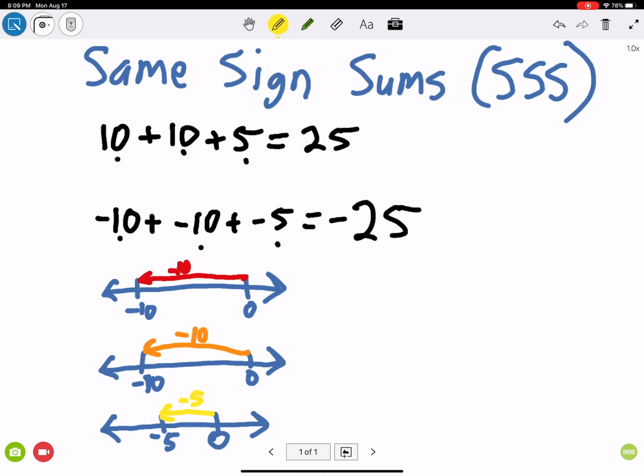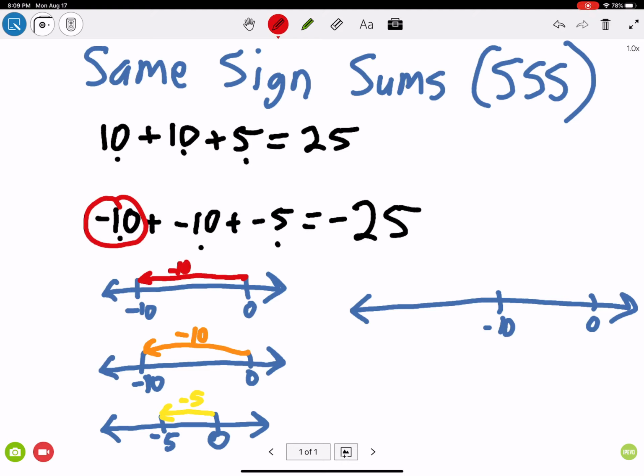Well, if I think about what's happening, remember, addition just means that I'm piling on more of something. So if I've got this number line and I extend it as far as I can, and here's 0, first thing it says is negative 10, which means move to the left 10.